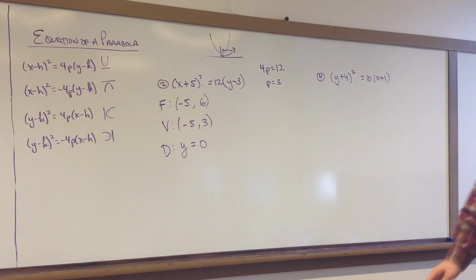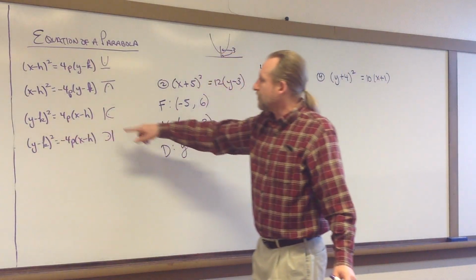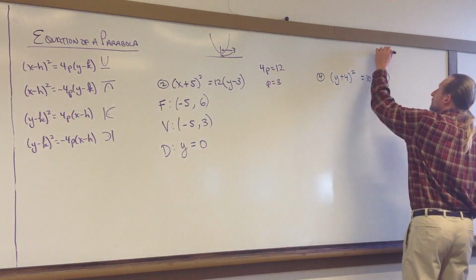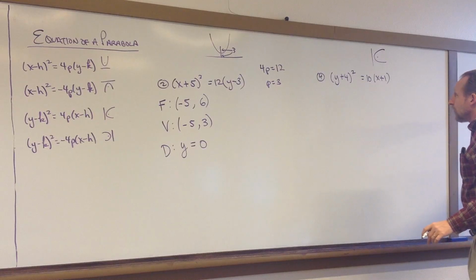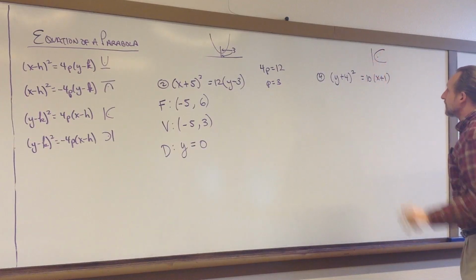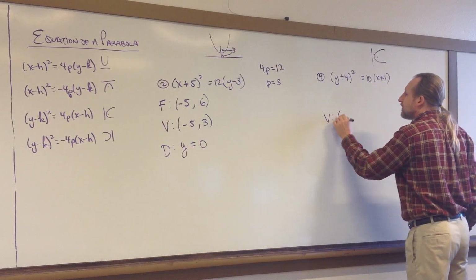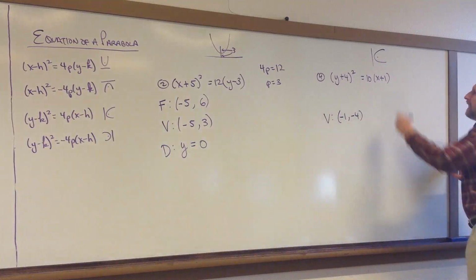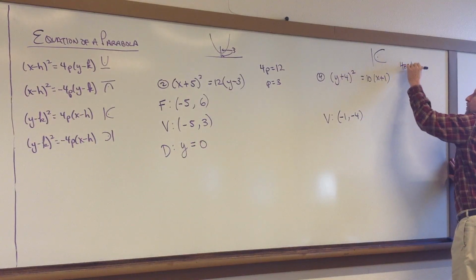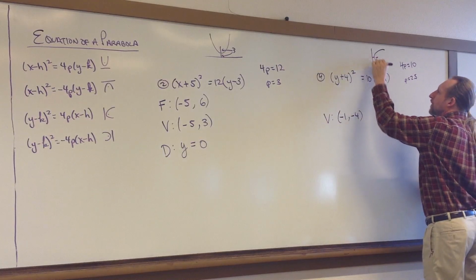Again, this is a rightward facing parabola, which we need to know because that tells us the focus is going to be to the right of the vertex and the directrix is going to be to the left. Our vertex is going to be at the point (-1, -4), and this 10 tells us that 4p is 10, so p is going to be 2.5.